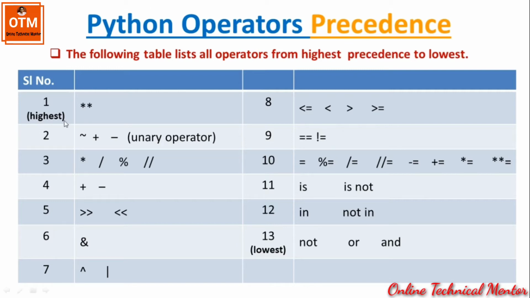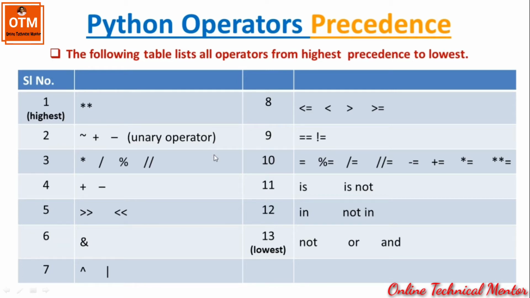So look at the table carefully. I have written the highest precedence at the beginning and the lowest precedence at the end. This double star, that means the exponent operator, has the highest precedence among all operators. Next to it there are complement, unary plus, and unary minus operators. These three operators have the same precedence, so they are written in the same line.